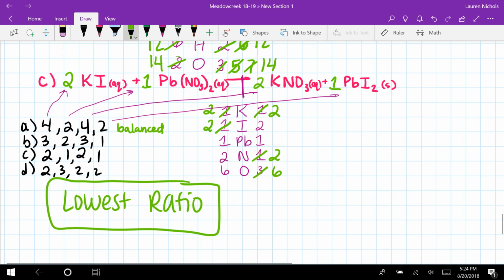It can be simplified. 4, 2, 4, and 2 can be simplified to 2, 1, 2, 1, which we know is our correct answer. If we were to plug in answer choice B or answer choice D, it would give us an unbalanced equation because my numbers would not match on both sides. So that is just a test-taking strategy.